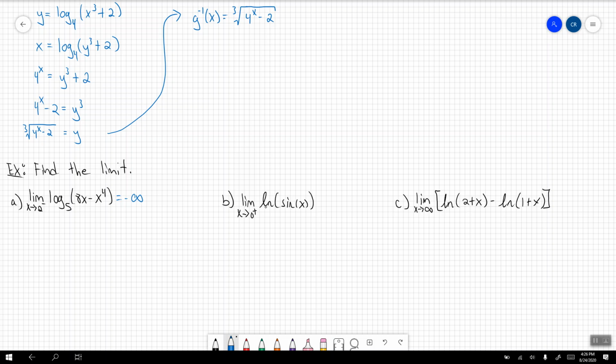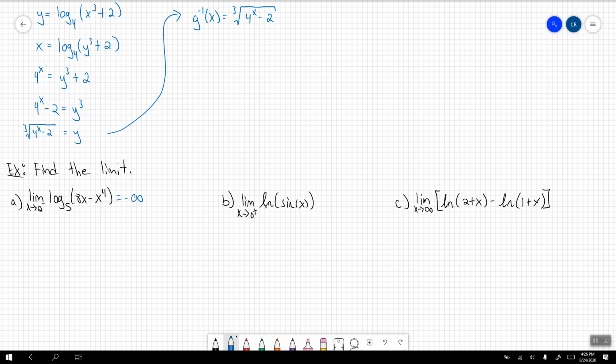The next one is the limit as x is approaching 0 from the right-hand side for sine of x. Now, if you remember, sine of x at 0 is going to get us 0. But we're approaching this from the right-hand side.